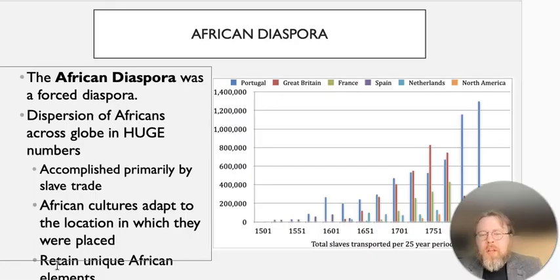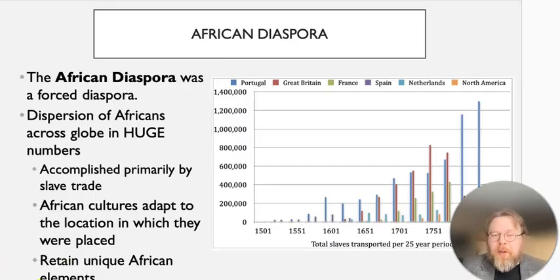So what you get is the emergence of this African culture in America that de-emphasizes traditional differences that people have within Africa and just emphasizes the unique African elements that they have in common.